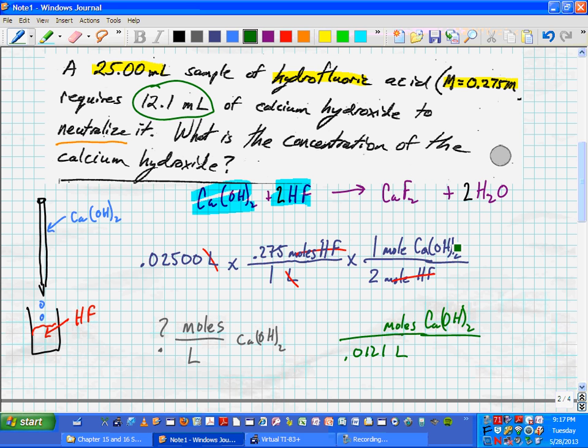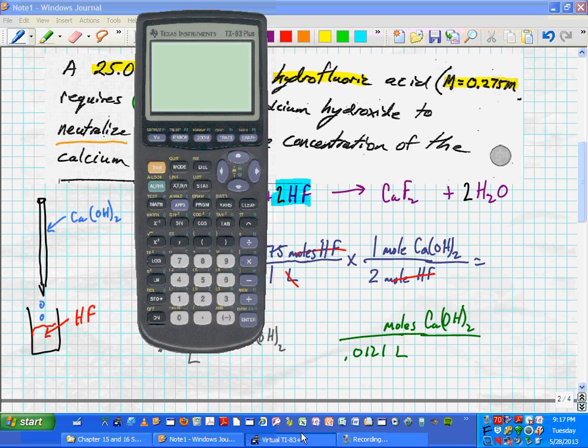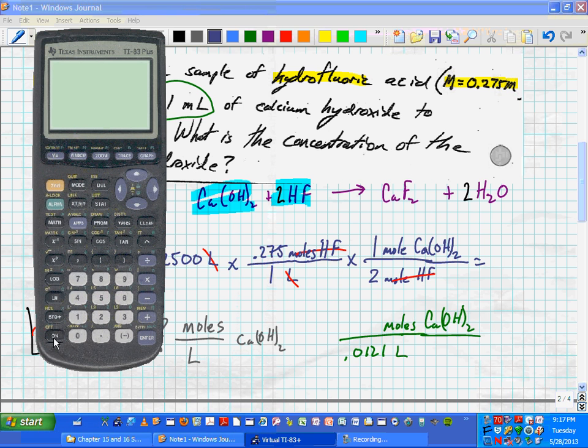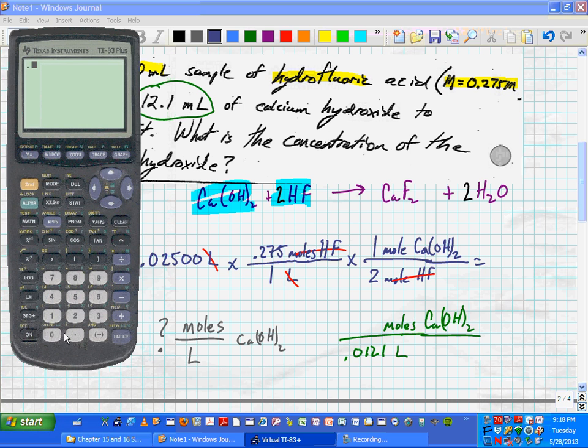So let's go ahead and calculate this. I'm going to grab a calculator. I'm going to go 0.025 times 0.275 divided by 2. I'm not going to do that in my head. So I've got 0.025 times 0.275, hit enter, divided by 2, hit enter.